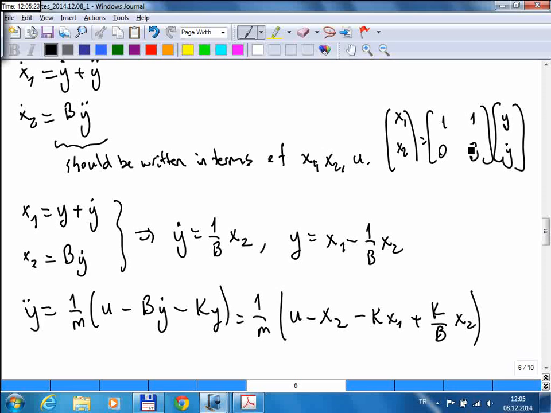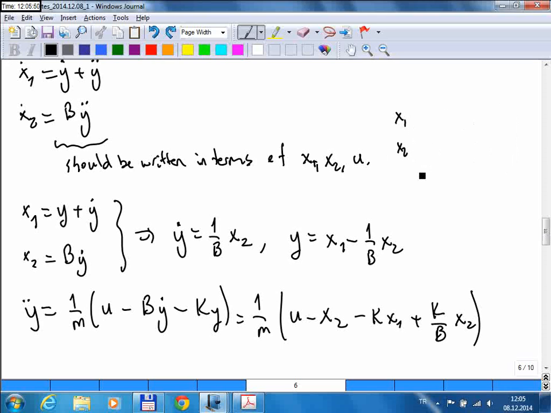Because the determinant will be non-zero if b is not equal to 0. But if you remove y here, then this element will be 0, and obviously this has a 0 determinant, which means you cannot take the inverse of that matrix. So this is not a valid state variable definition.